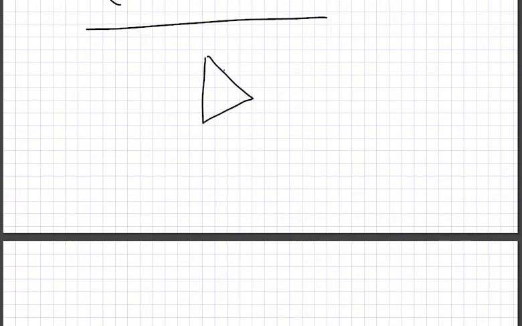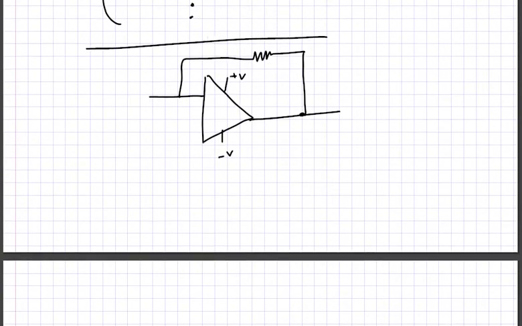So you need a plus V and minus V, essential for an op amp, and then you have an output, and then there is a resistor here, RF.